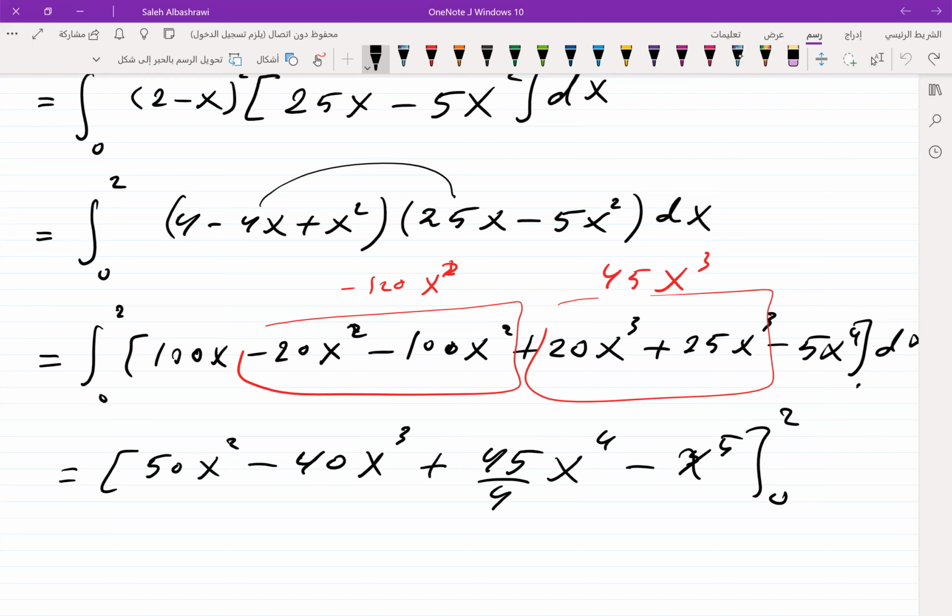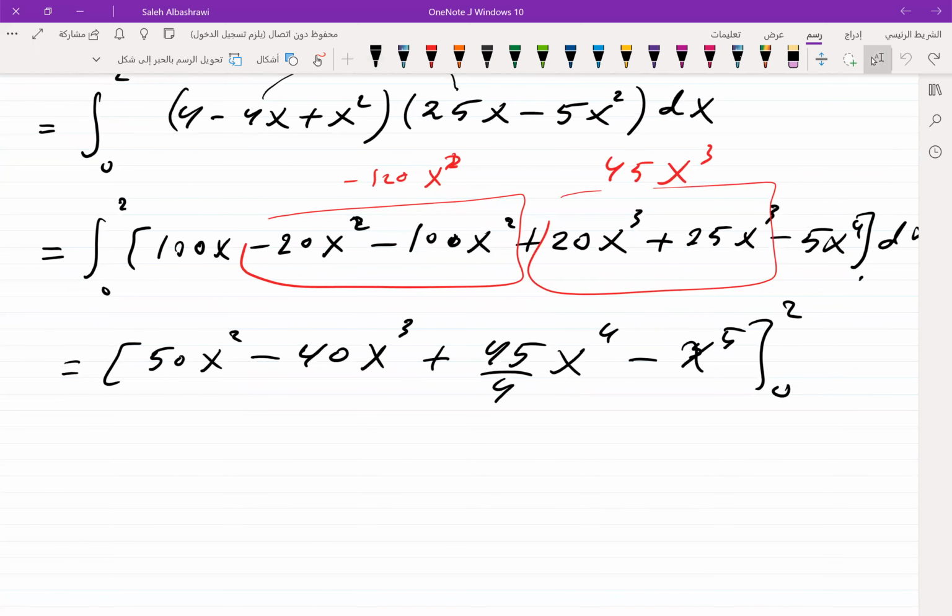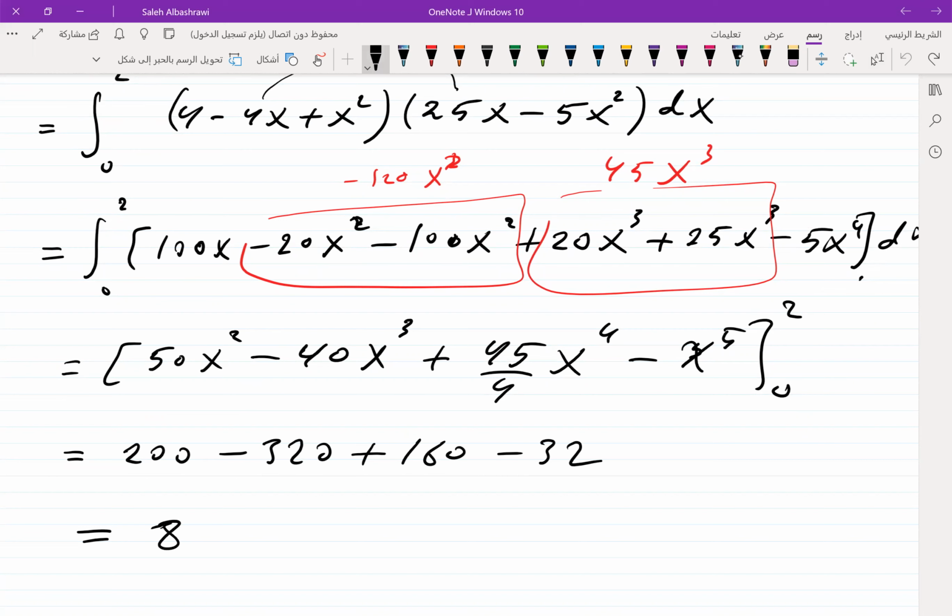Replace x by 2, because 0 will cancel everything. We will have 200 minus 320 plus 160 for this one minus 32. So this will be 8. Yeah, the answer is equal to 8. So the flux for this vector function is equal to 8.